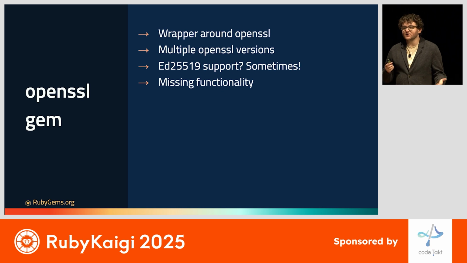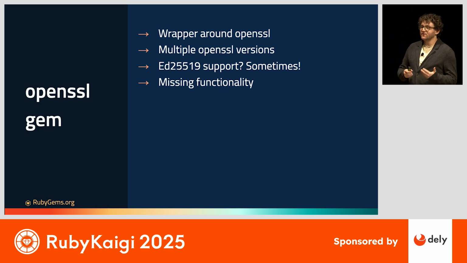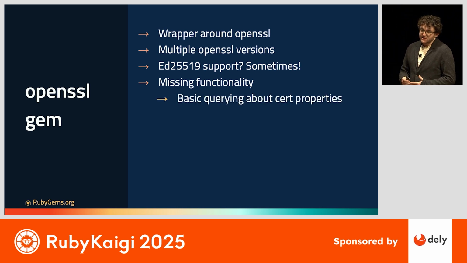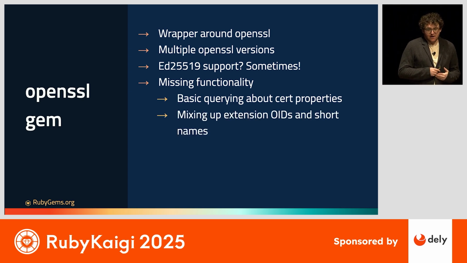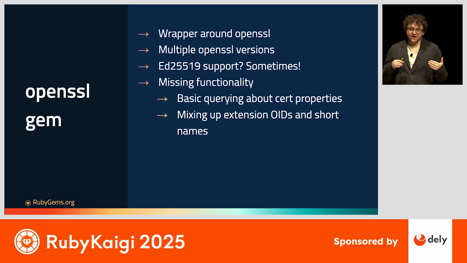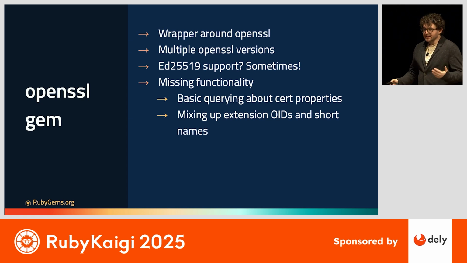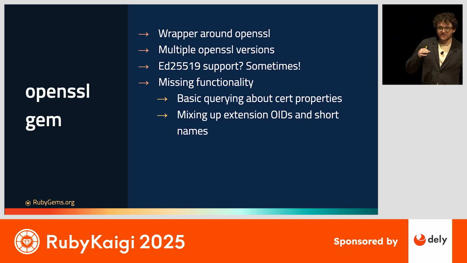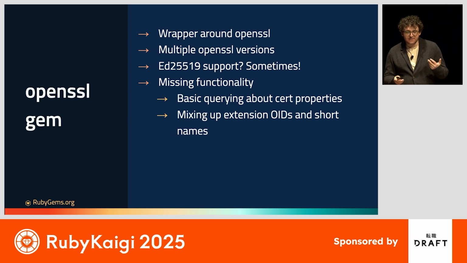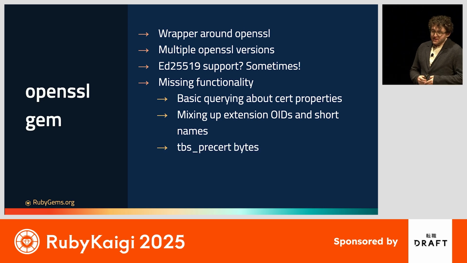It's missing some functionality that's present inside of OpenSSL. So things like querying about certificate properties. There's the fact that extension OIDs and short names get mixed up. So being confident about what X509 extensions you're talking about is a little difficult.